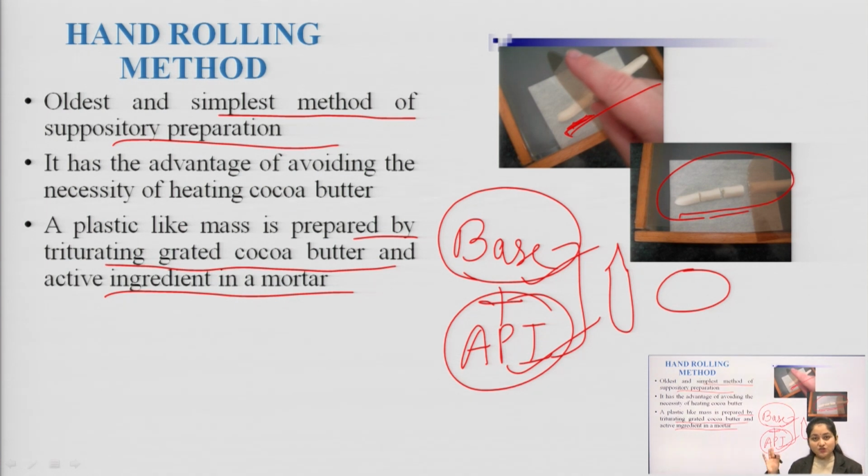So, such methods are often eliminated, because the major disadvantage is that incorporation of dirt, or of resident bacteria or microbes present on our hands, might take place. This plays a very important role and has to be kept in mind. So, you may not find this method used very frequently nowadays.